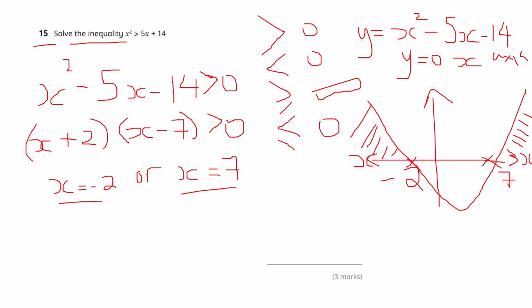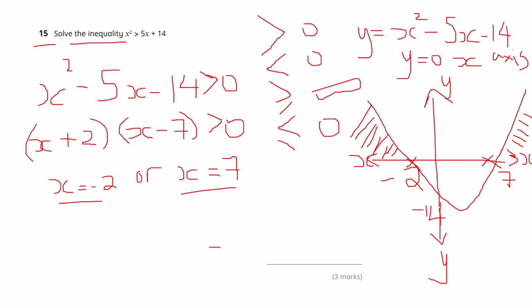So if you're wondering, again, I'm not drawing to scale, it crosses the y-axis at minus 14, because of that number there in our quadratic. The key with quadratic inequalities is when is it greater than or less than 0, when is it above or below the x-axis. So you're looking at that.